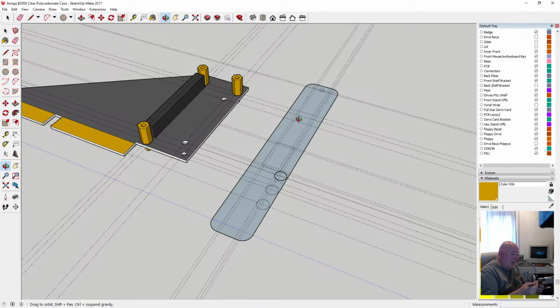And the one is 10mm from the edge. 10mm up, so 10mm up. And we got 6mm by 2mm.